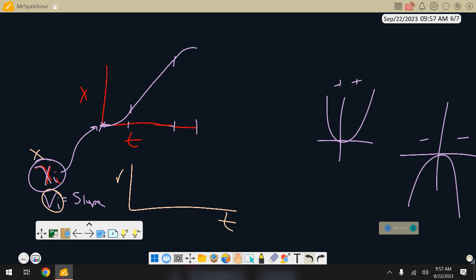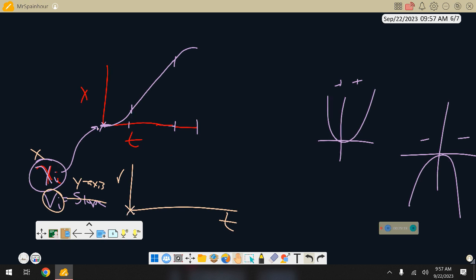So in x versus t, it's slope. In v versus t, it's just the y-axis. So I should start at 0. When I started here on the graph, it was because position initial was 0. Here on the graph it is because velocity initial was 0. Does that make sense? Okay.